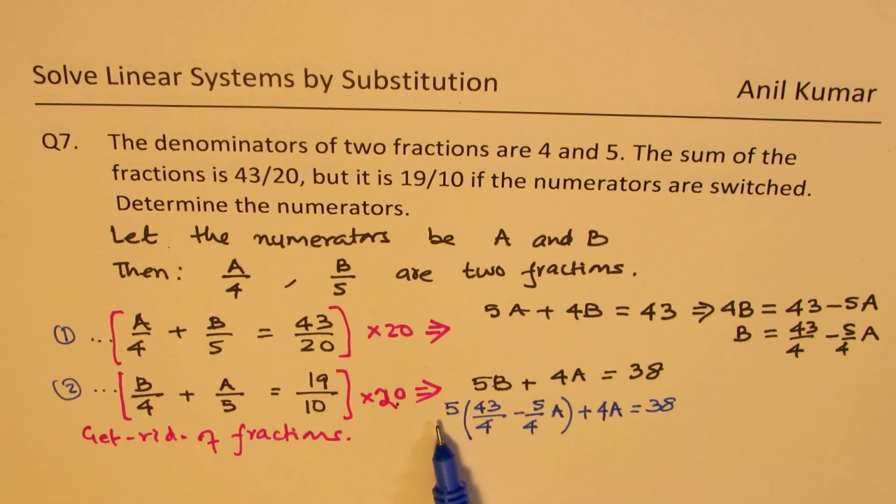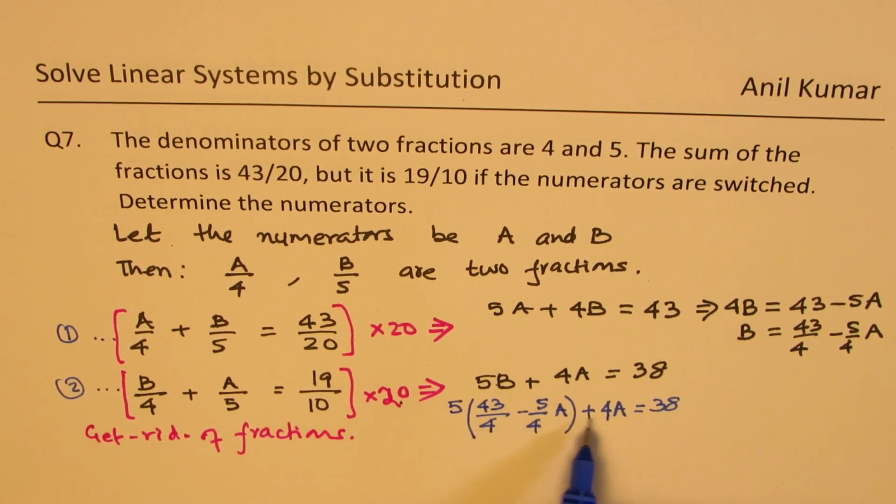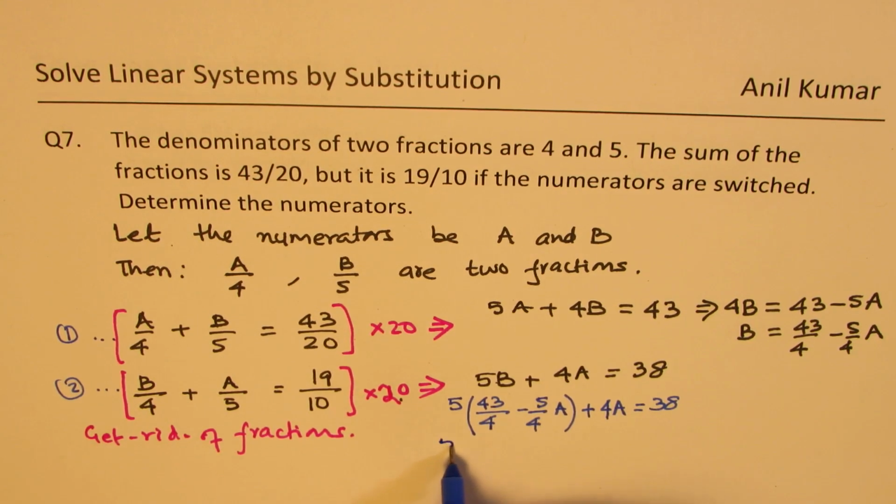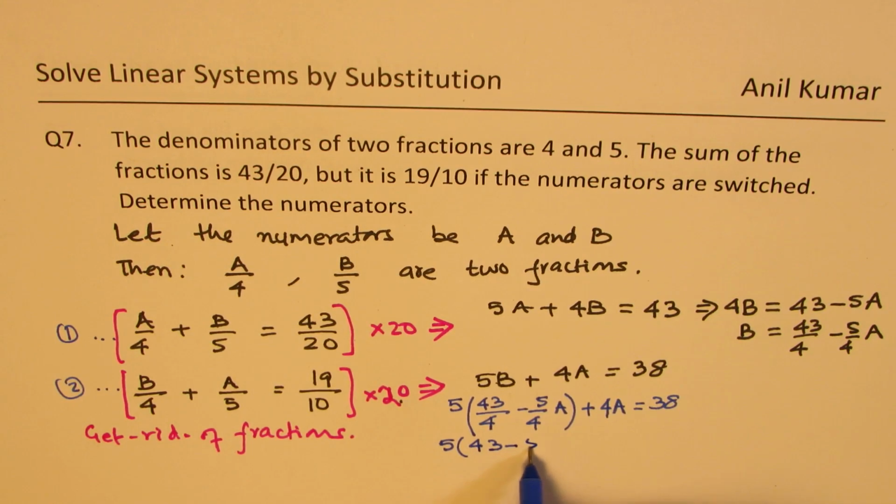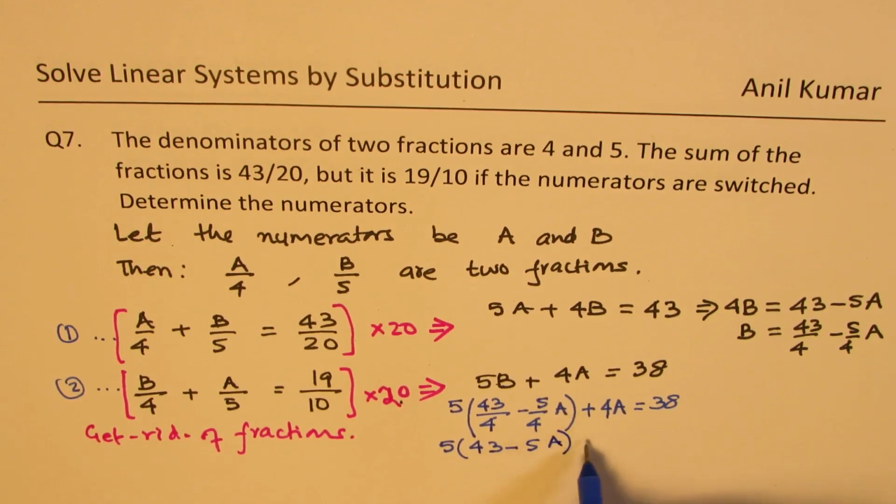Now we need to simplify this. Since we have this denominator of 4, we can multiply everything by 4 and rewrite our equation. So if I multiply everything by 4, I get 5 times 43 minus 5a, plus 4 times 4, which is 16a, equals 38 times 4.